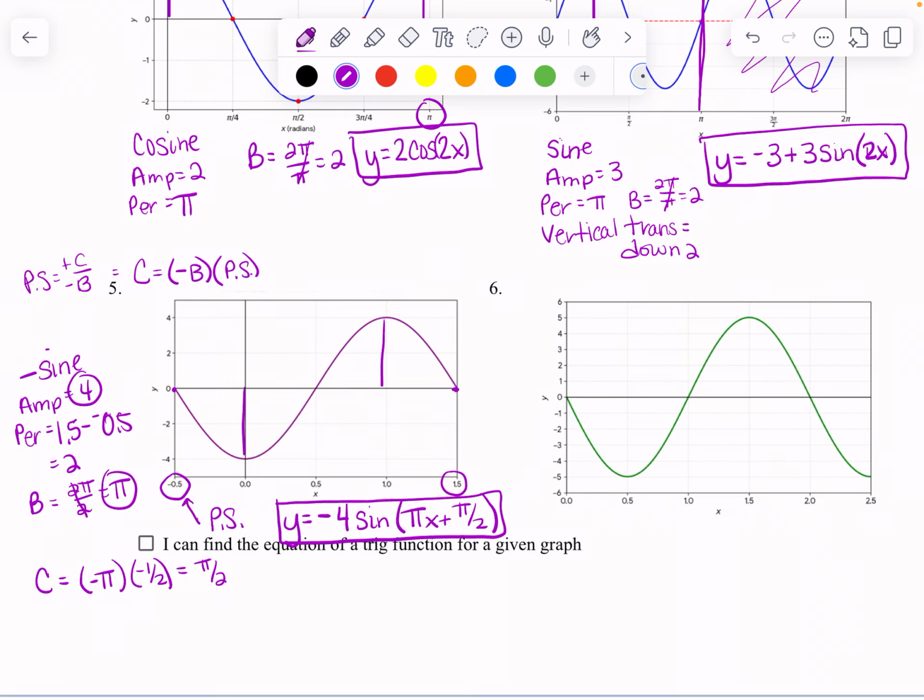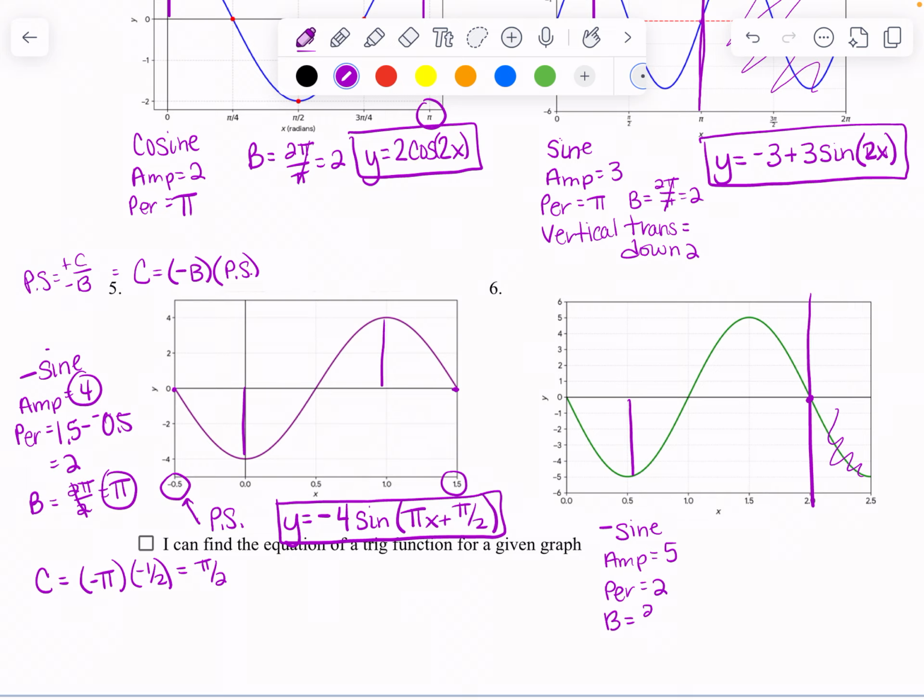Okay, last one. First of all, we have to find out where one cycle is. Well, one cycle gives me to here. So I don't care about any of this. Again, it's another negative sine. Amplitude is 5. My period goes from 2 to 0, so my period is 2.